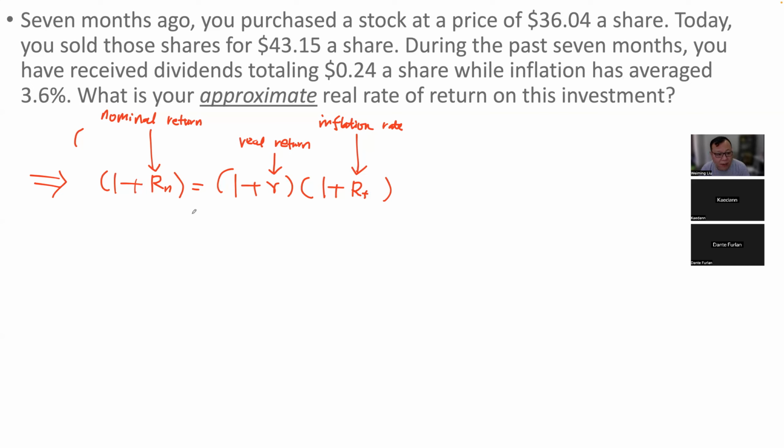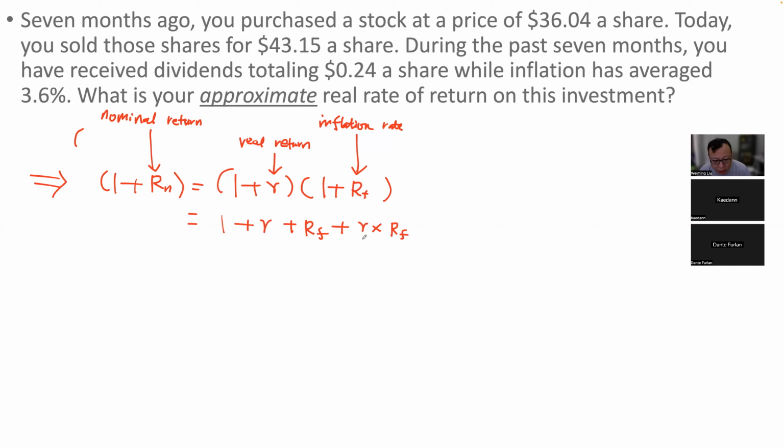So in this case, if you keep developing this formula, you have the multiplication of 2 brackets. You're going to break the brackets. We are doing a little bit of algebra. So you get 1 plus r plus RF plus r times RF.